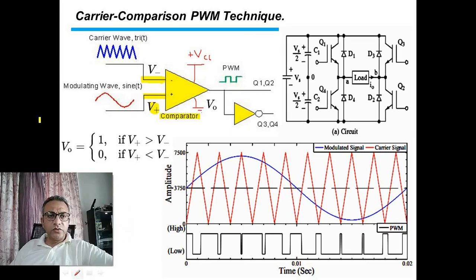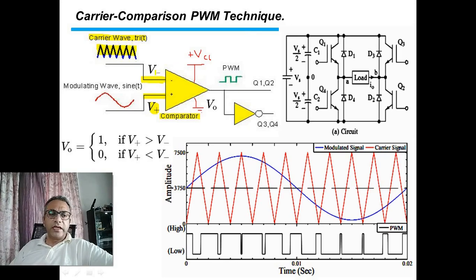So coming back to the carrier comparison, V minus represents the inverting input and V positive represents the non-inverting input. We will provide a carrier wave which is normally a triangular waveform of much higher frequency.